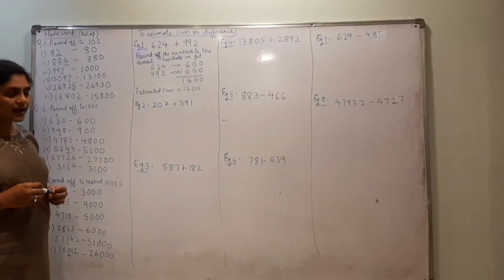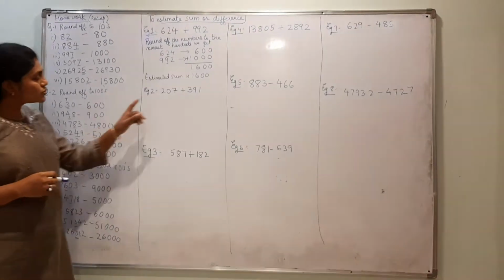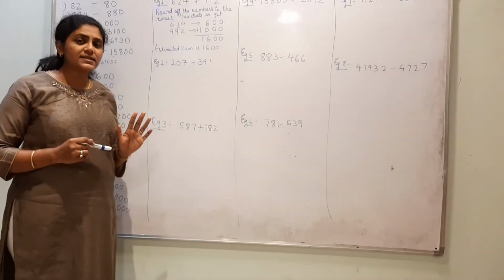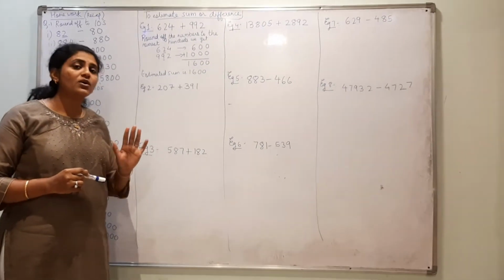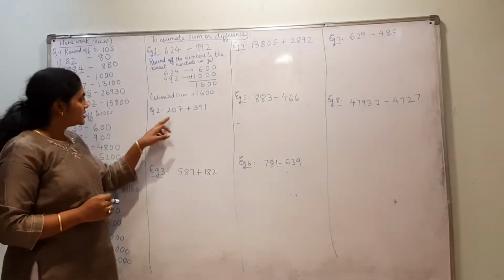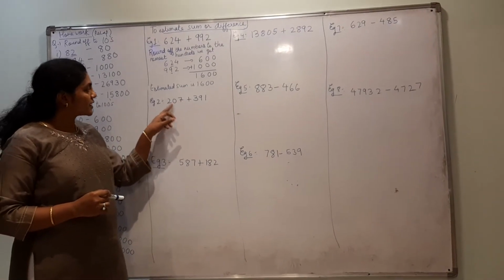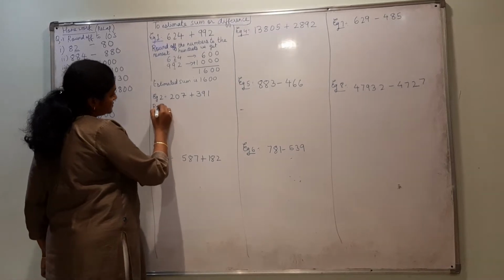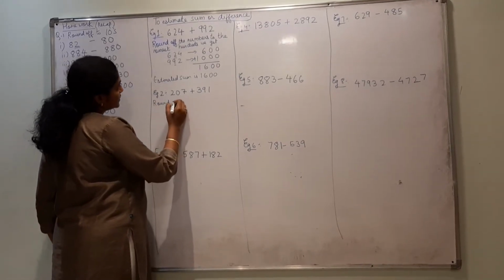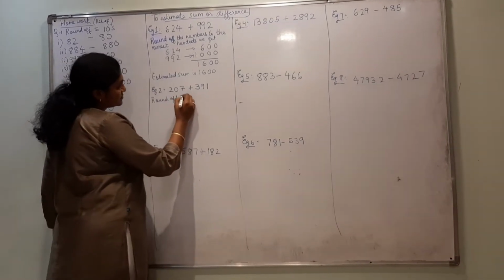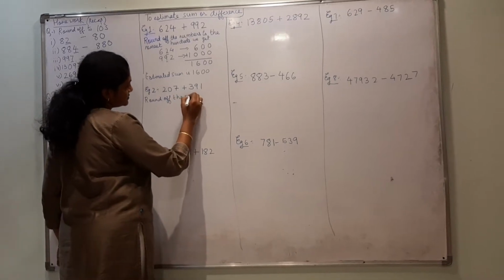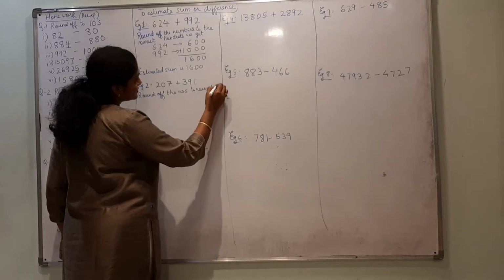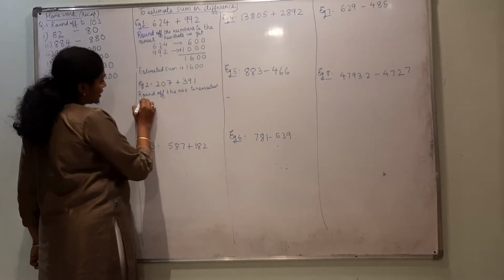Similarly, second example, 207 plus 391. Maximum you can round off to hundreds. So again you have to write round off the numbers to nearest hundreds.